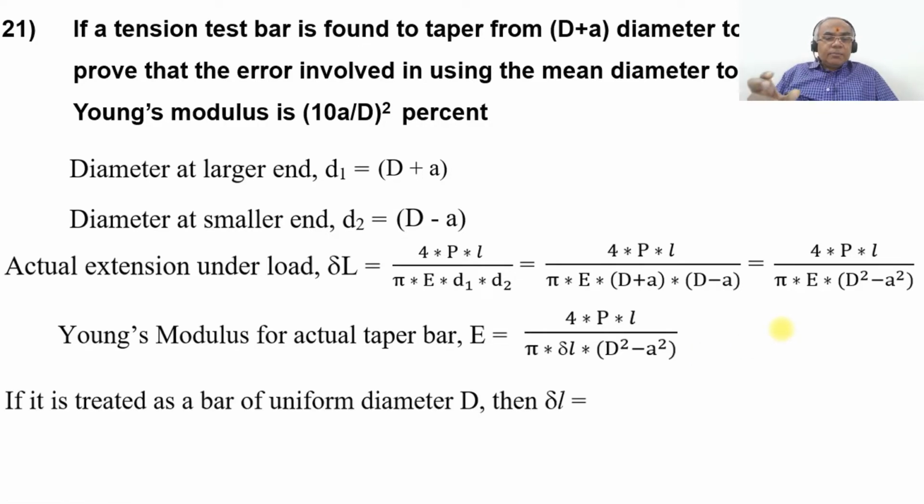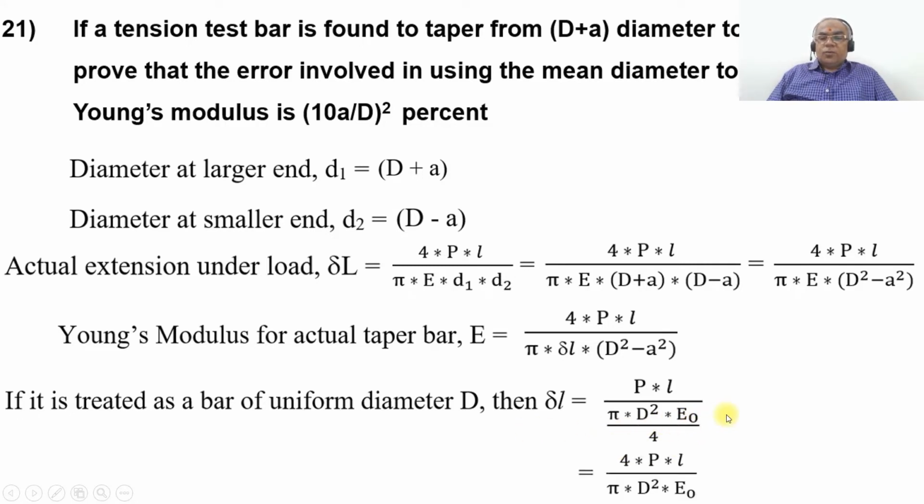Now if it is treated as a bar of uniform diameter D, because he has given the mean diameter, which is capital D, then delta L will be equal to P into L by A into E. P is the same capital P into L divided by, for uniform diameter D, pi into D square by 4 into the Young's modulus of the uniform bar, E naught. On simplifying, the 4 goes into the numerator: 4 into P into L by pi into D square into E naught.